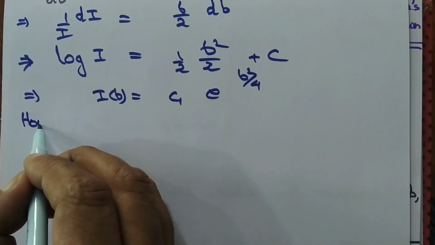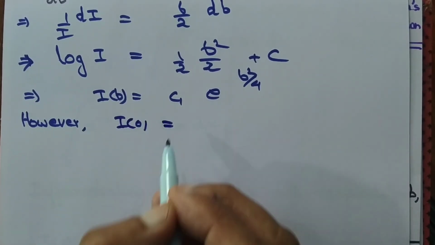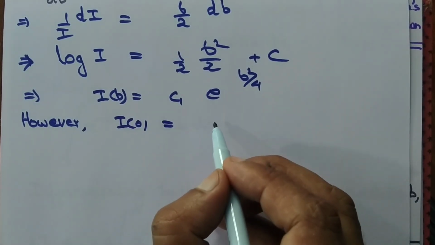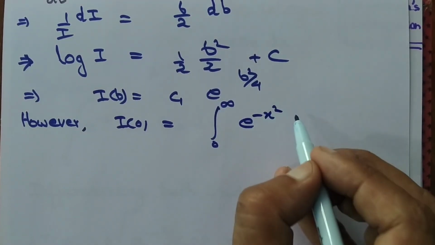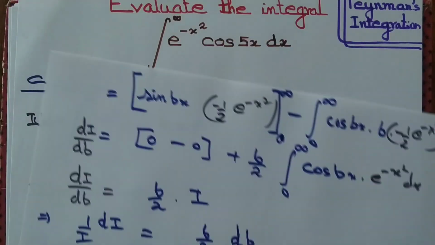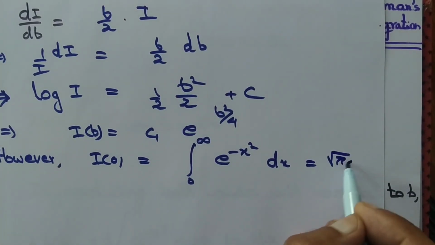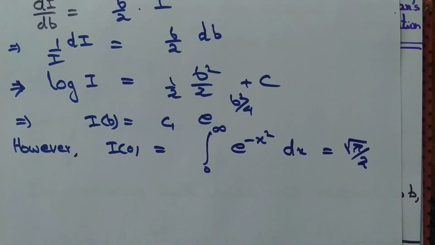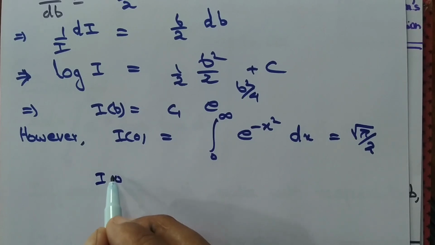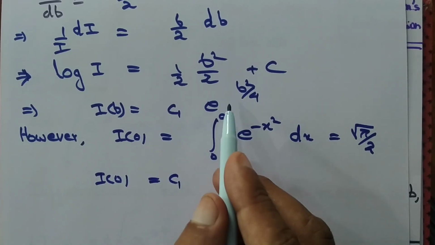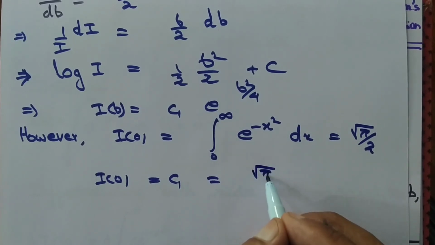However, I(0) equal to the integral 0 to infinity e to the power minus x square dx. Yes. And that's equal to root pi by 2. So we write b equal to 0 and say that I(0) equal to c1 times e to the power 0, which is 1. So that turns out to be root pi by 2.